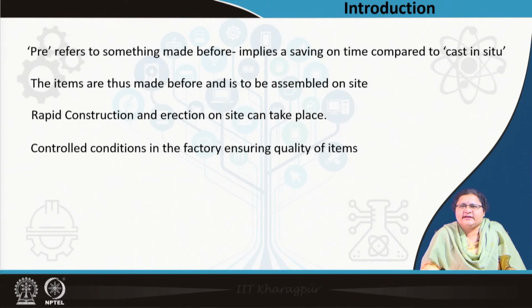Controlled conditions when it is made, each of these items for walling, for roofing, for flooring, for beam or column, whatever way it is made in the factory in a controlled condition, whatever be the material. Most of the precast items, prefabricated items are of concrete. We had extensively learned concrete. So, in molds you can actually cast the shape you desire, form you desire, and then you have to cure it if it is concrete.